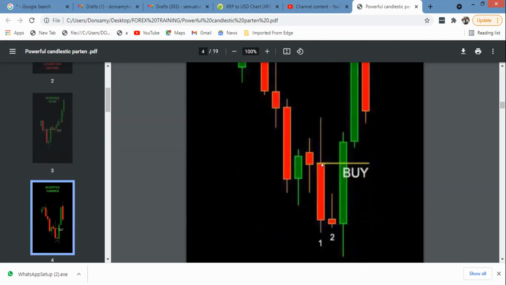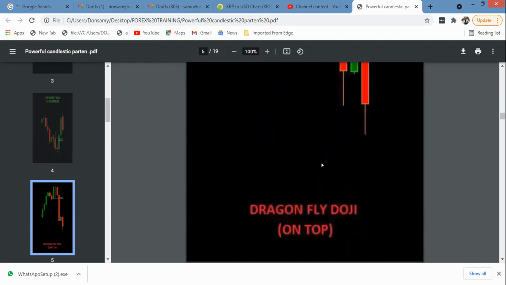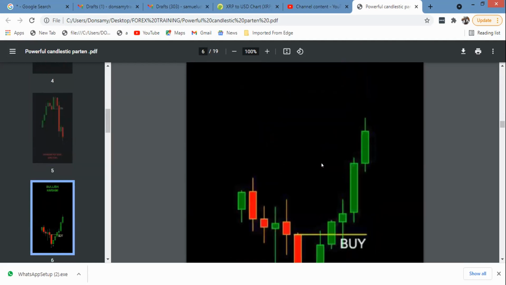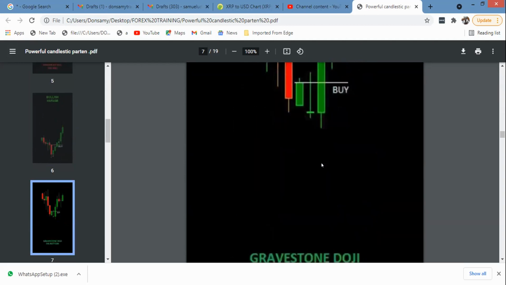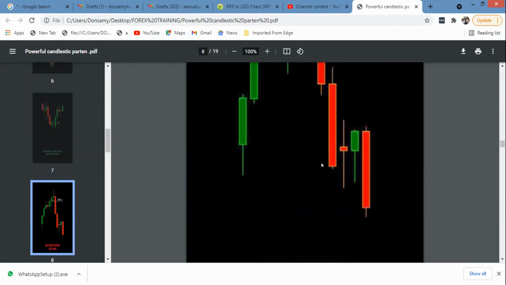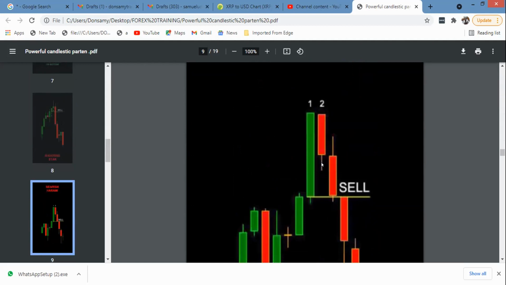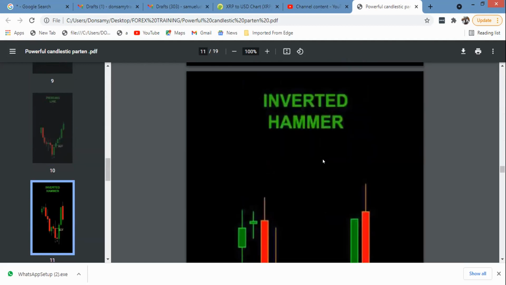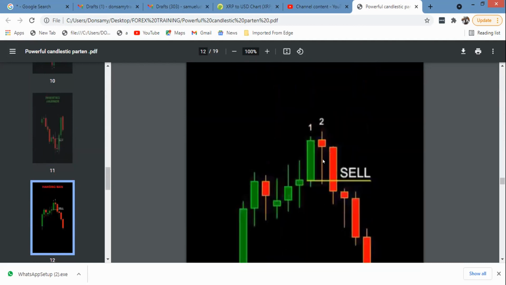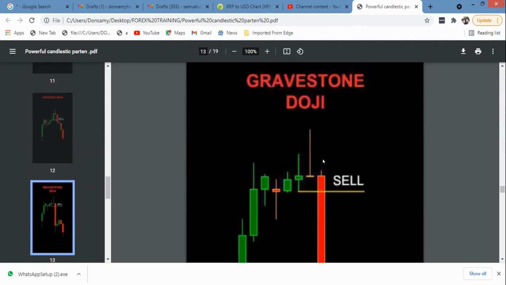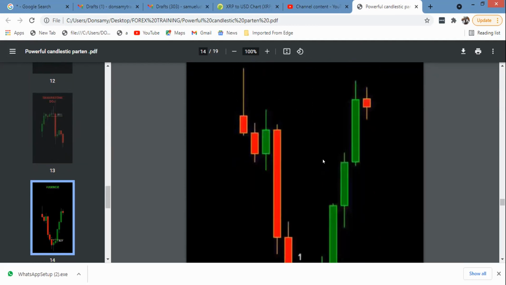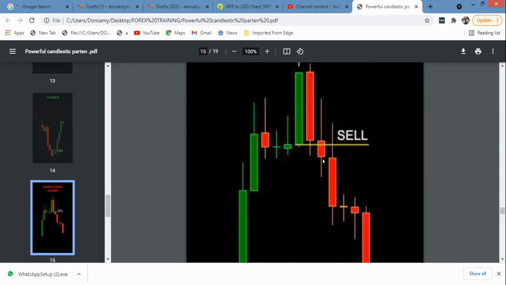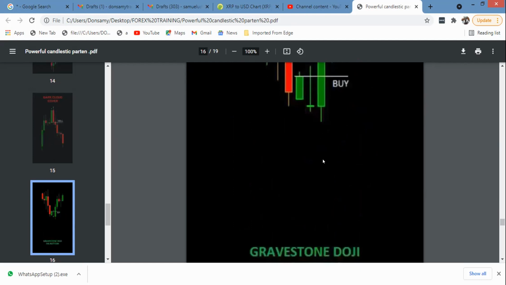Now, let me look for the bullish engulfing candle. I don't see it here. I'll go for the hammer.